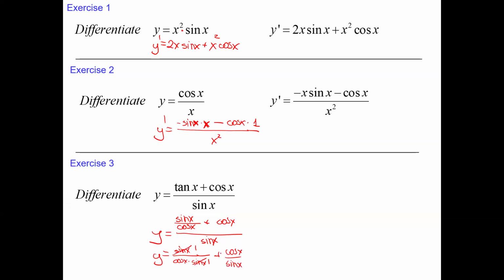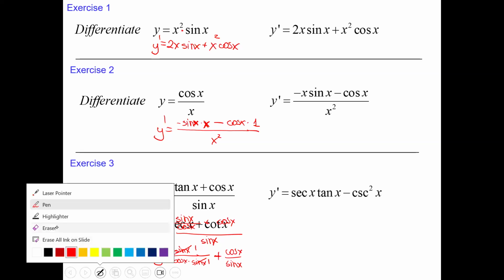I think we will avoid the quotient rule. This one will stay 1 over cosine, which is secant of x, and cosine over sine is cotangent of x.